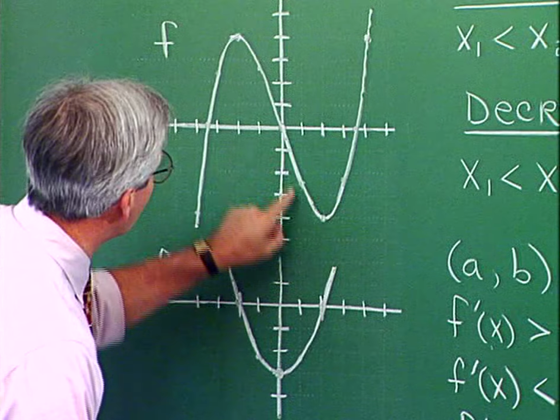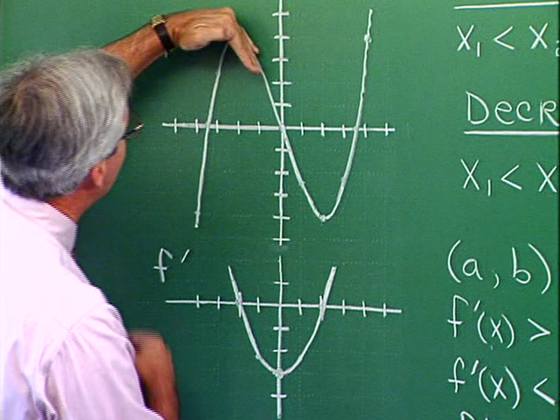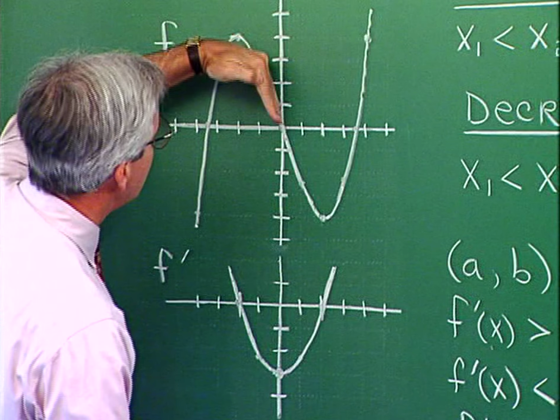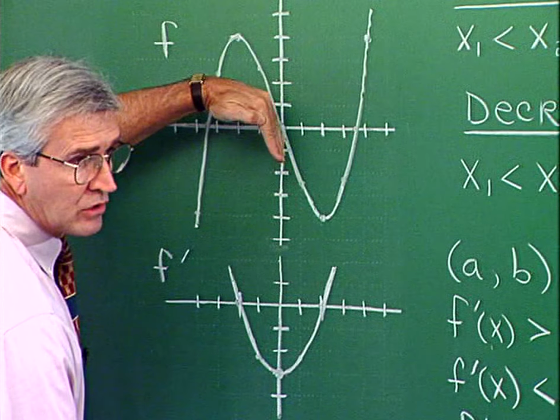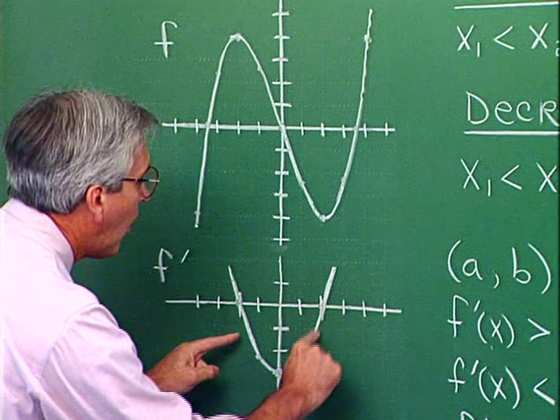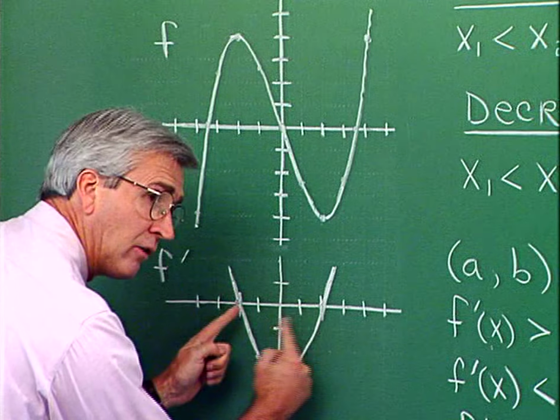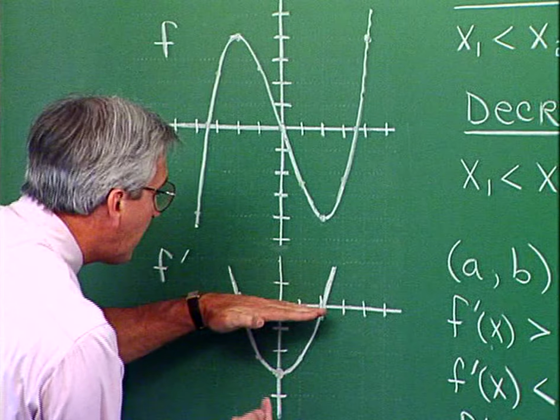In this interval of f, we have a declining graph, with tangent lines whose slopes are negative, and therefore all of the values you see in this interval on f prime are below the x-axis.